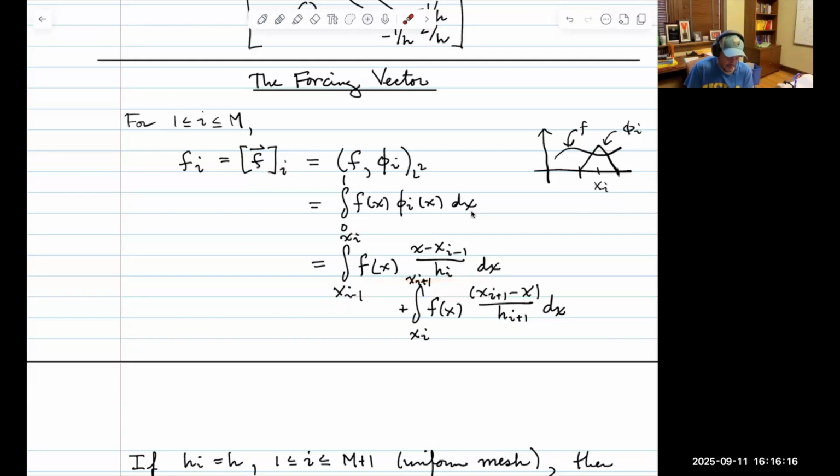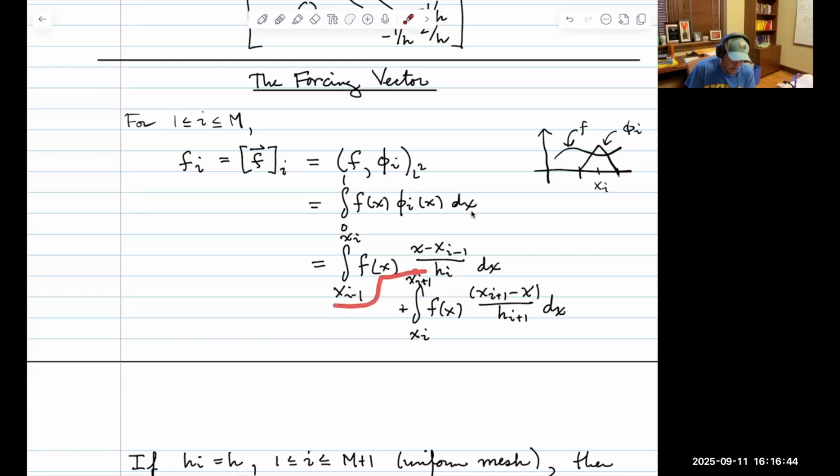All I know is that it can be easily broken into two subintegrals, one over this interval and one over this interval. And that's because phi i has this tripartite definition, right? So we say it's 0 except on ki and ki plus 1, where it has some sort of linear transitional value.